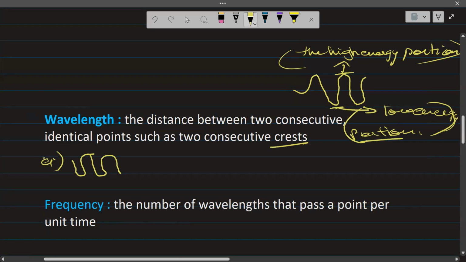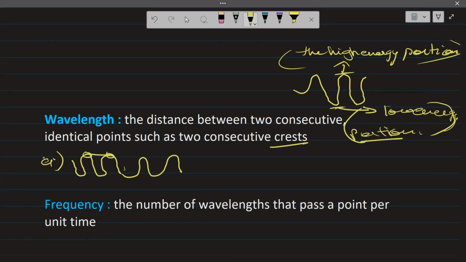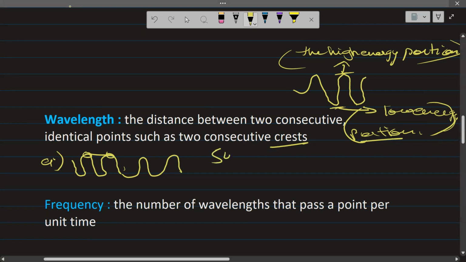The distance between these two identical crests is known as wavelength. What's the symbol of wavelength? The symbol of wavelength is lambda, and the SI unit is meter.